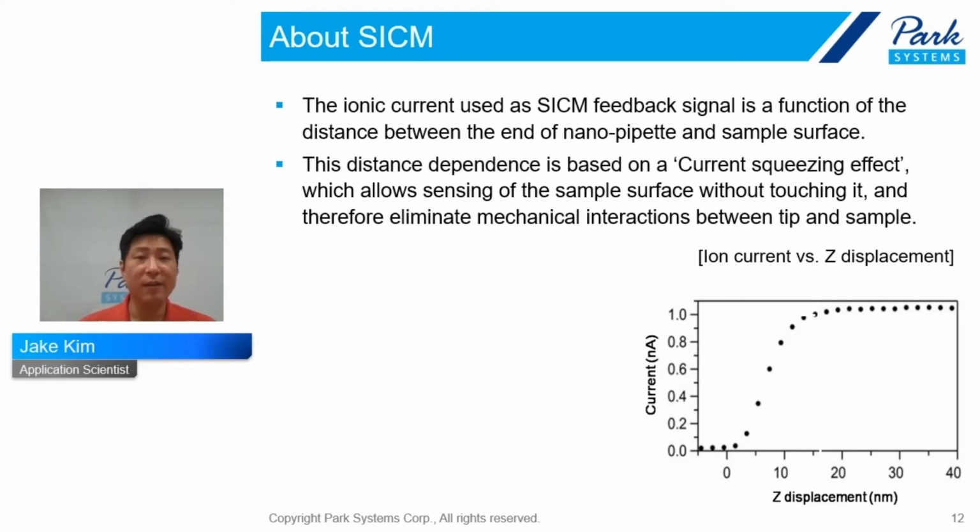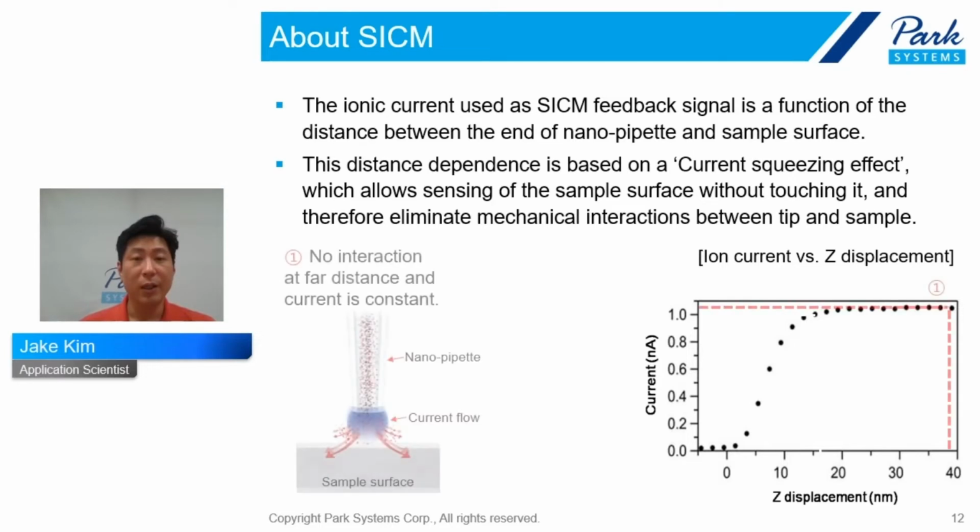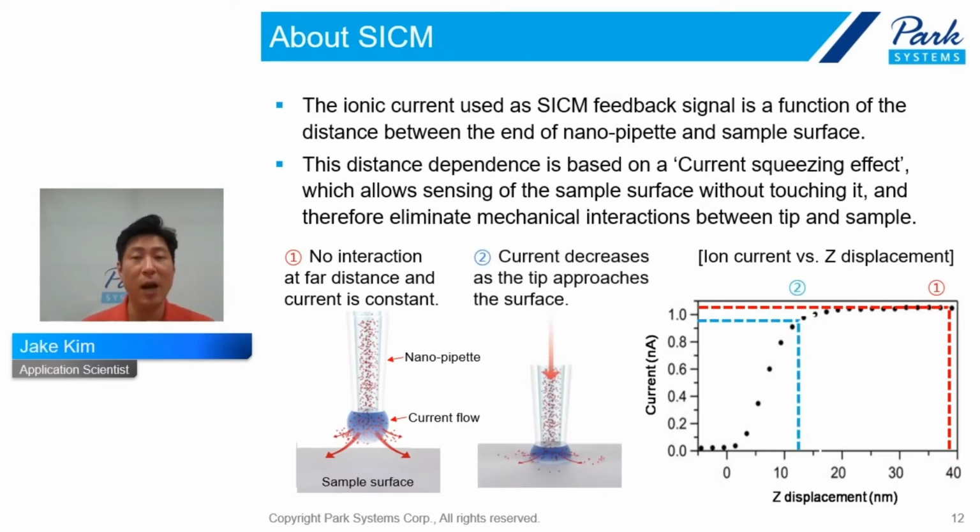It means SICM detects the ion current signal at the pipette tip end, and when the nanopipette is very far from the sample surface, the ion current is mainly determined by the resistance of just the nanopipette. But if the distance between pipette and sample surface decreases, the ion current begins to be affected by the excess resistance of the nanopipette and starts to decrease.